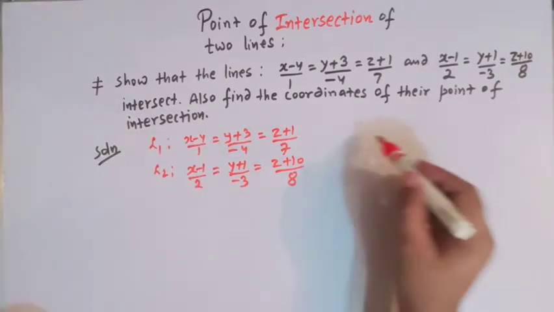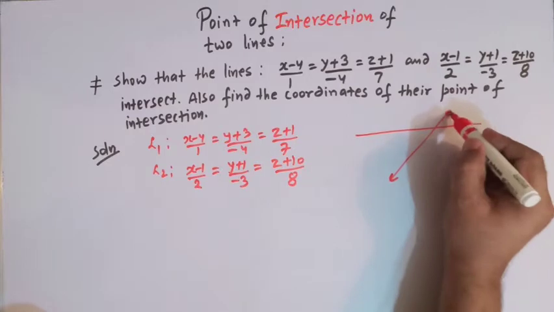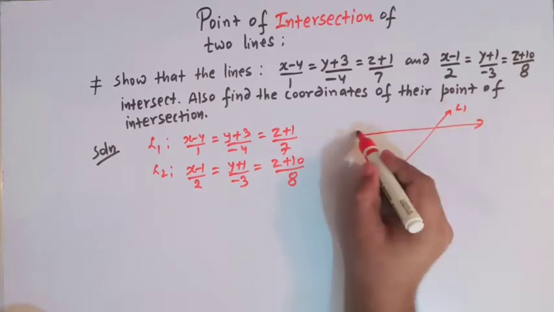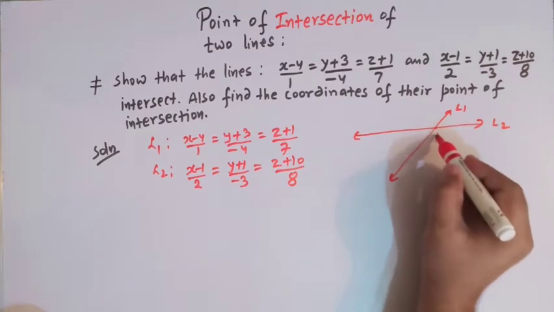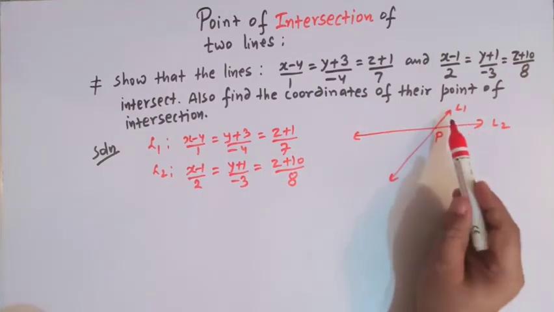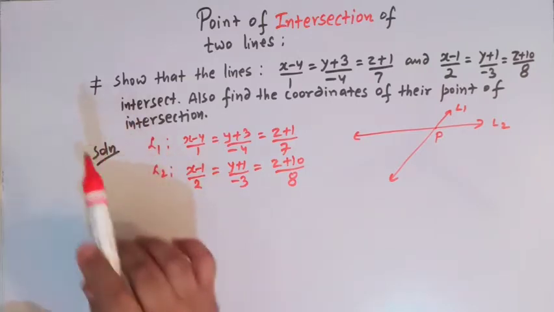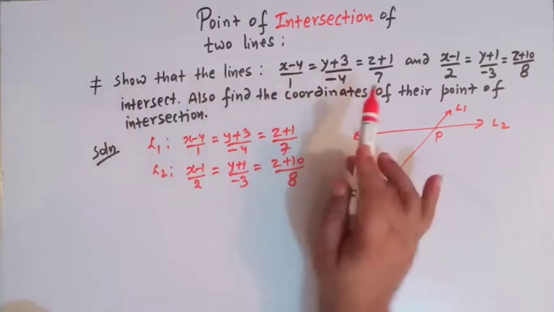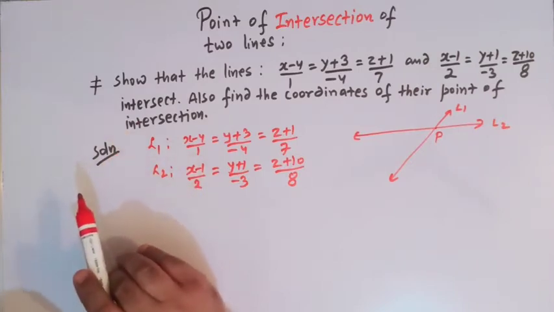So here suppose this is line L1 and this is line L2, and we have to find the point of intersection of these two lines, and at the same time we have to first show that these two lines intersect, right? So what are intersecting lines?